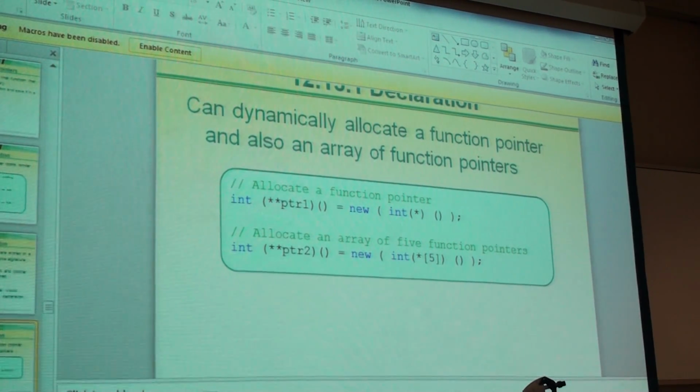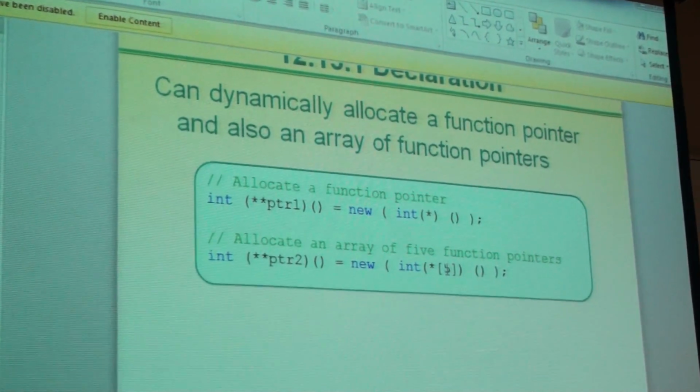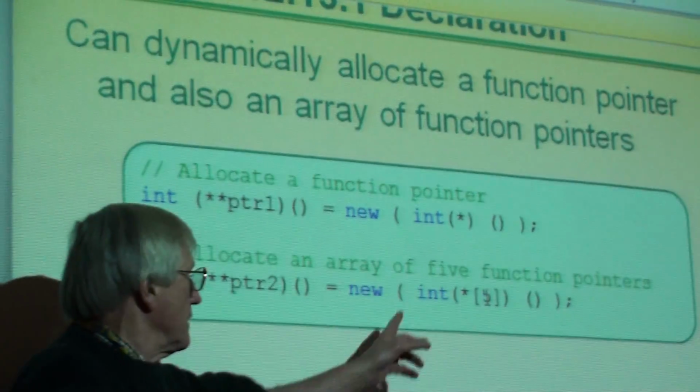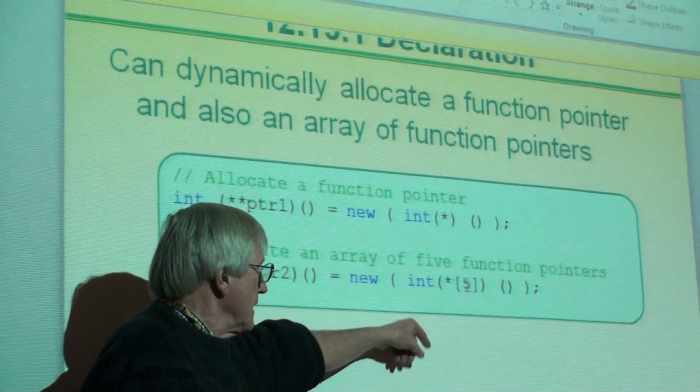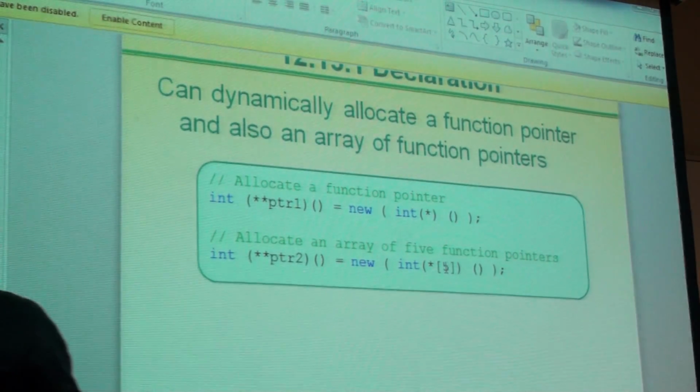Here's an array of 5 function pointers. An array where each element can hold an address. But not just any address, but the address of a function that returns an int and has no parameters. They all have to be the same, right?